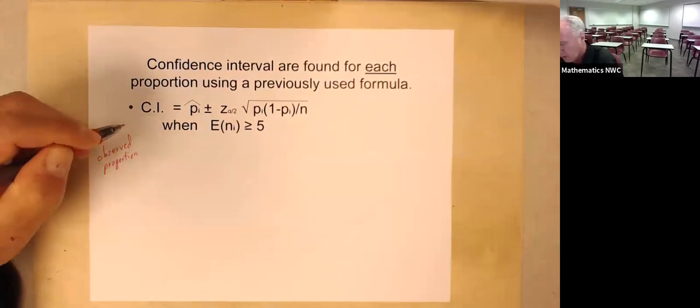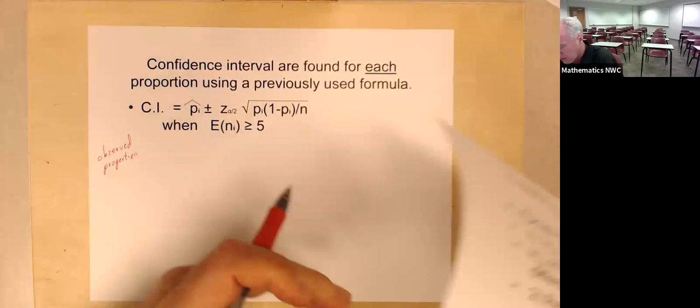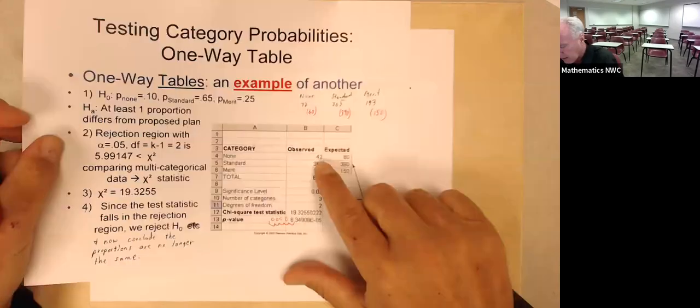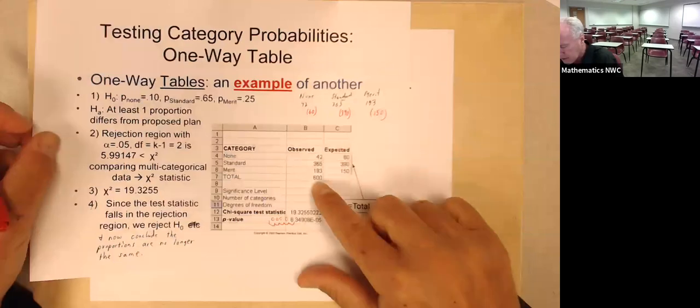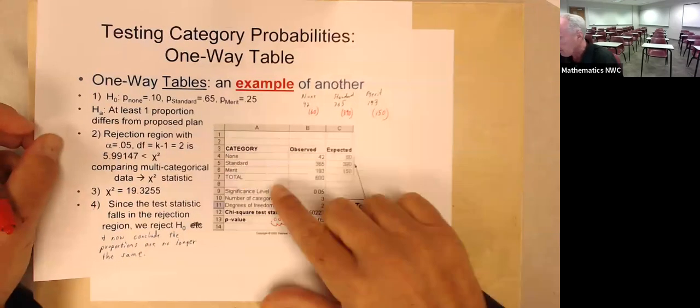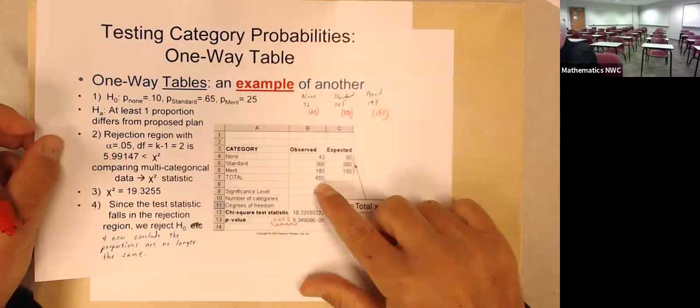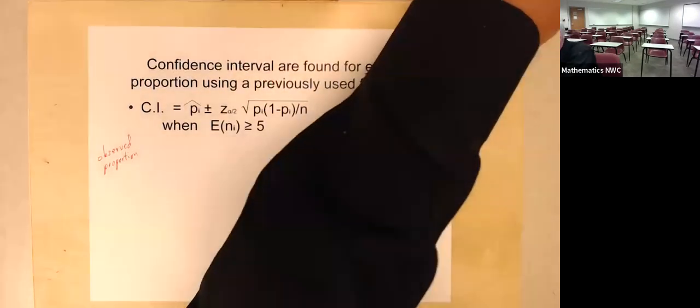On the previous example, that would have been 42 out of 600 for the none category. My observed for the standard would have been 365 out of 600. I wanted to show you one more of those.